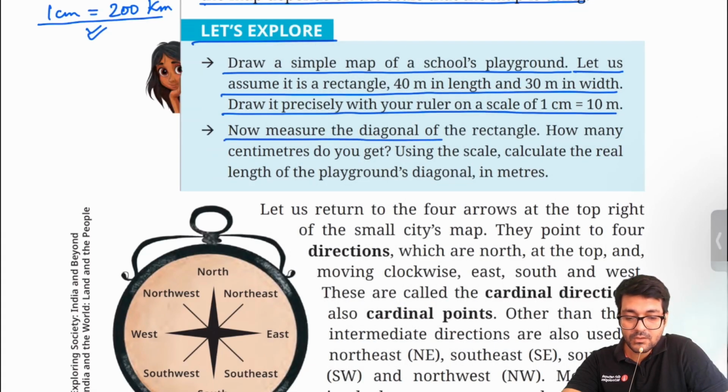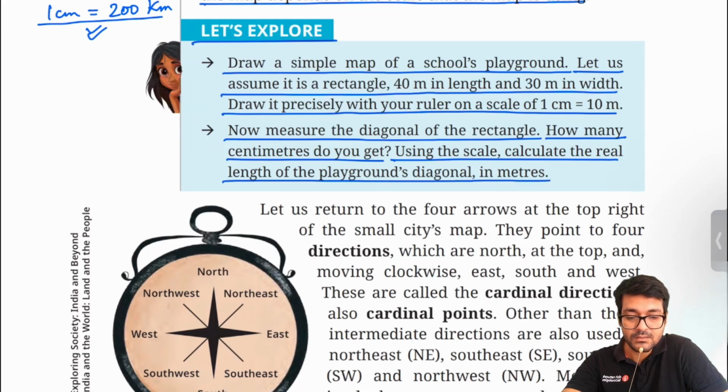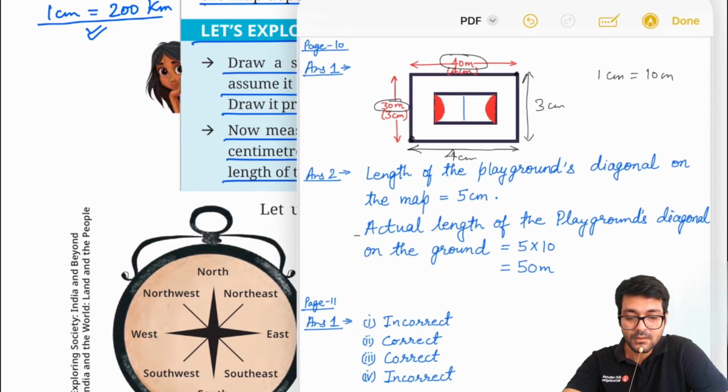Now measure the diagonal of the rectangle. How many centimeters do you get? Using the scale, calculate the real length of the playground's diagonal in meters. If you measure from this corner to this corner, that is the distance between the opposite corners, you will get 5 centimeters.